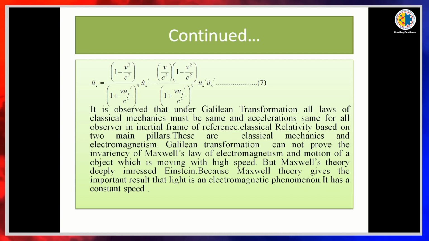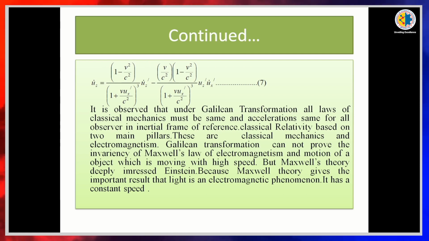Classical relativity is based on two main pillars: classical mechanics and electromagnetism. Classical mechanics is based on Newton's laws, and electromagnetism is based on the theory given by Maxwell.